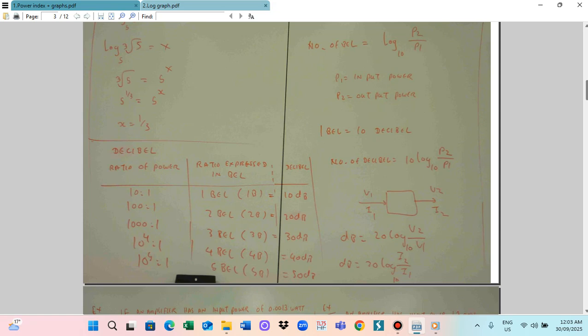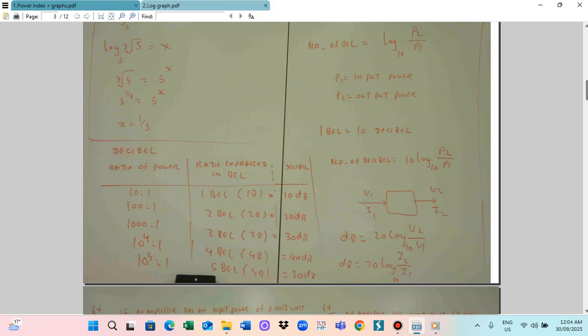But in practical measurement, the bel is too small, so in this case we have to utilize the decibel. 1 bel is equal to 10 decibel. So instead of writing 1 bel, you can write 10 dB.